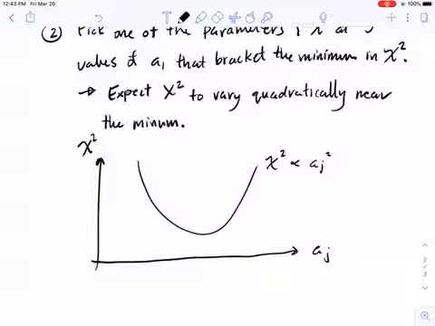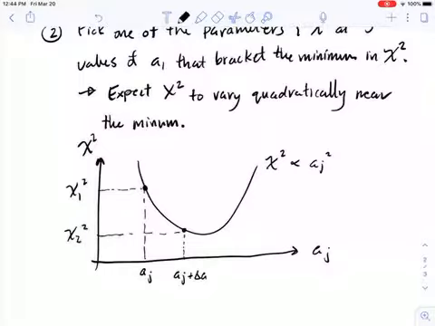Okay, and then you pick an aj value and you say that you get chi1 squared at that point. And then you shift over here by an amount delta A, and you calculate a second value, chi2 squared, and then you take the same step size and you end up over here, so this is aj plus 2 delta A, and you have a chi3 squared value.